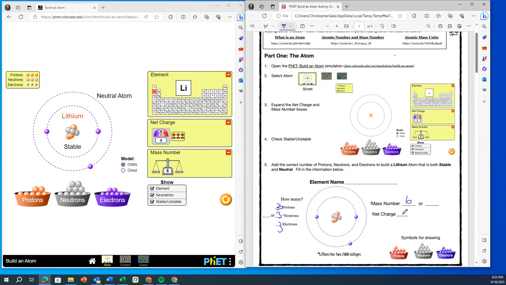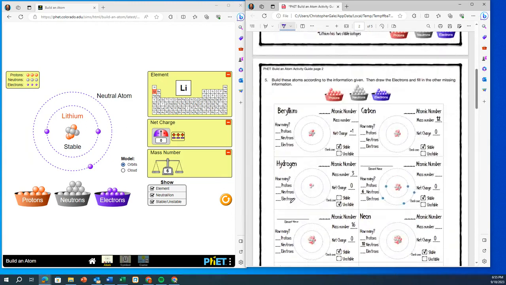And the net charge is 0. Element's name, lithium. All right. So that's how we do that one.